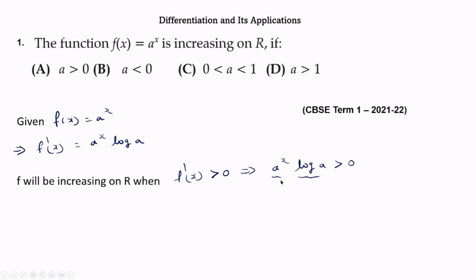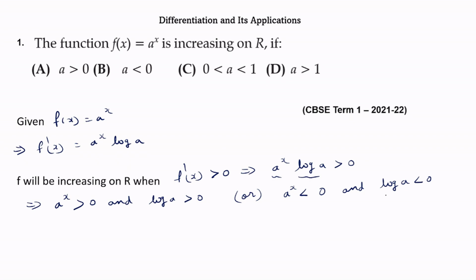So we have this expression more than 0 when a raised to x more than 0 and log a more than 0, or a raised to x less than 0 and log a less than 0. So the condition such that a raised to x log a will be more than 0 is that we have to have either a raised to x and log a more than 0 or a raised to x and log a less than 0.